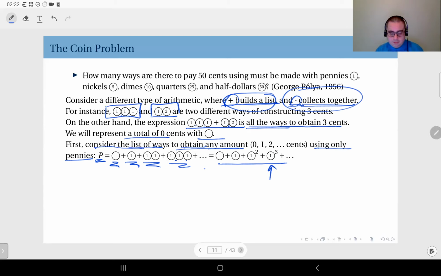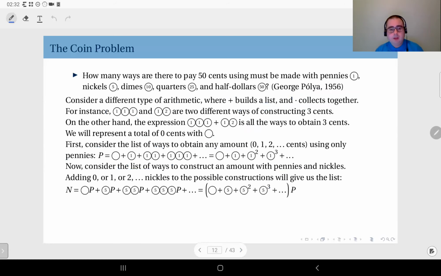Now, next step, if you also allow nickels, the one with 5, now you have ones with the pennies and 5 with the nickels, okay? I would like to obtain the list of all the ways to construct, again, any amount, but using pennies and nickels, okay?